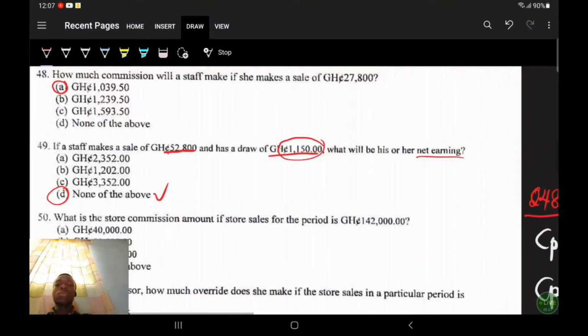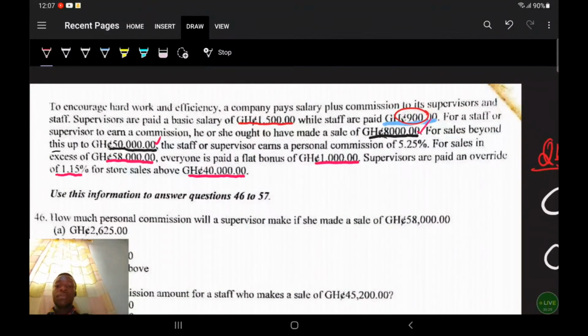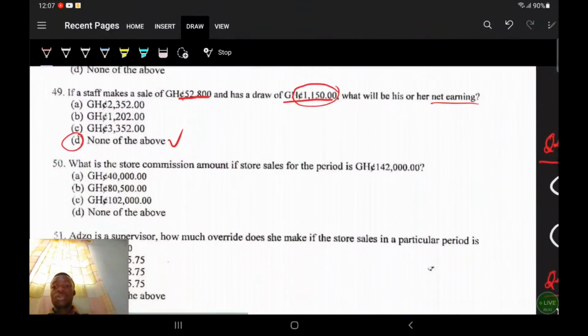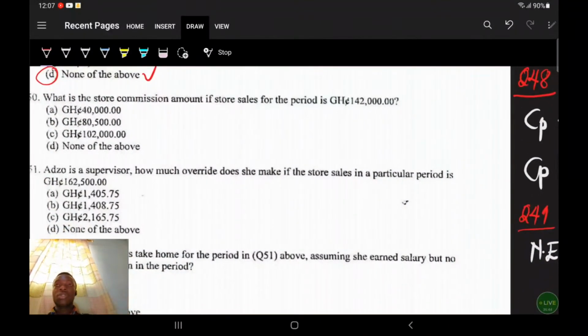It's like personal commission: the personal sales minus the quota. Here we were told that supervisors are paid an override of 1.15% for store sales above 40,000. So store commission is the total store sales of 142,000 minus the store quota of 40,000. I hope that is clear.